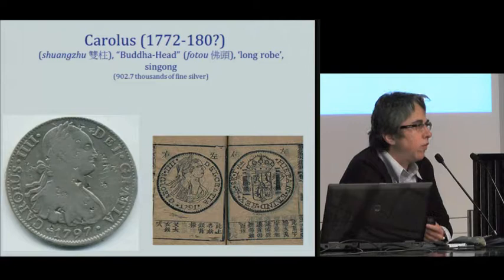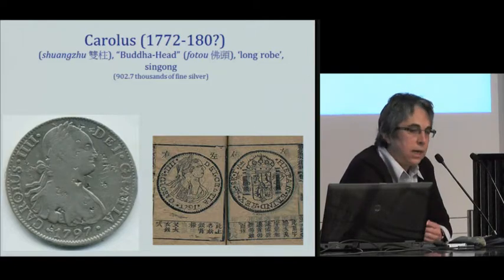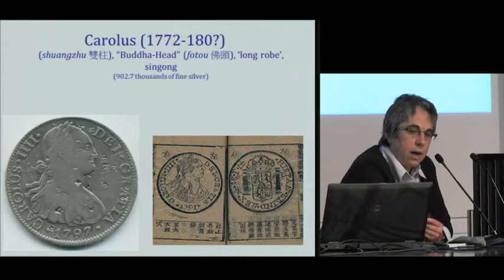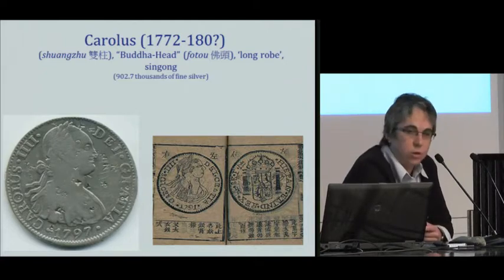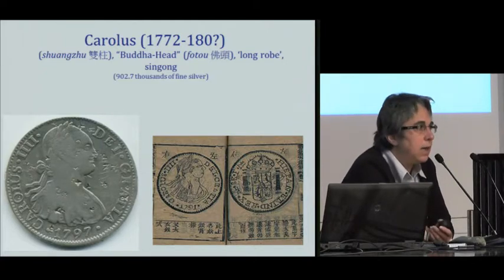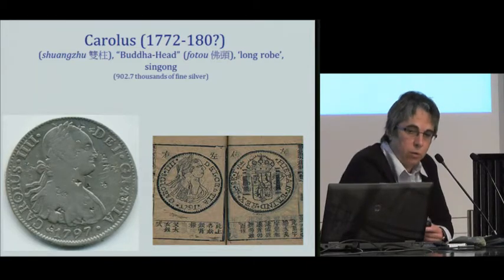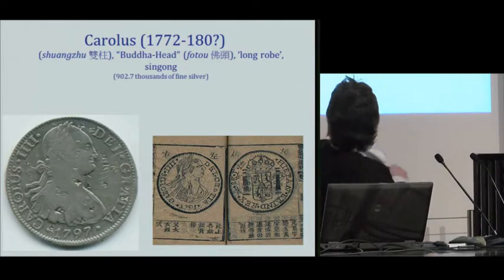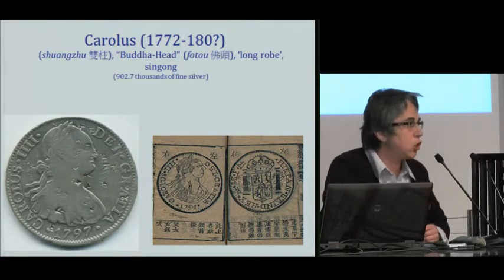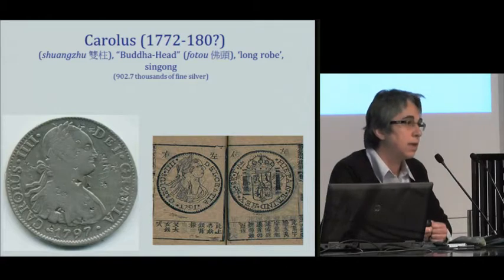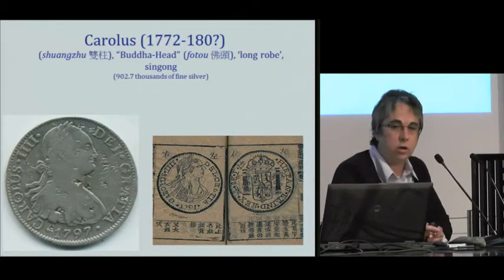At that point, there were 5 mints in Spanish America that produced the very same coin. This is called the Buddha dollar, or the head or bust dollar, and has the face of either Charles III or Charles IV. And what you see there are the Chinese chops. That's the way to attest that it was a good coin.